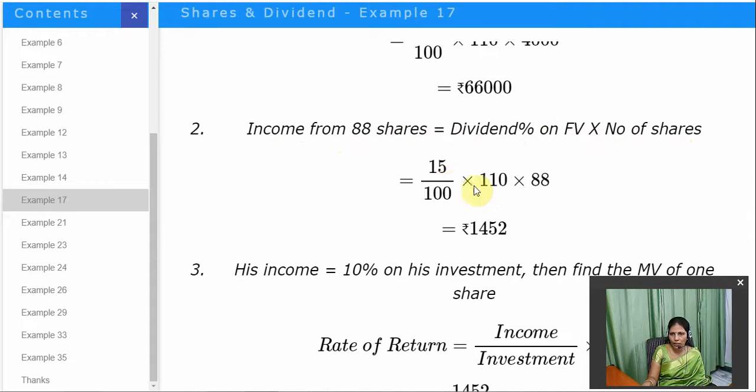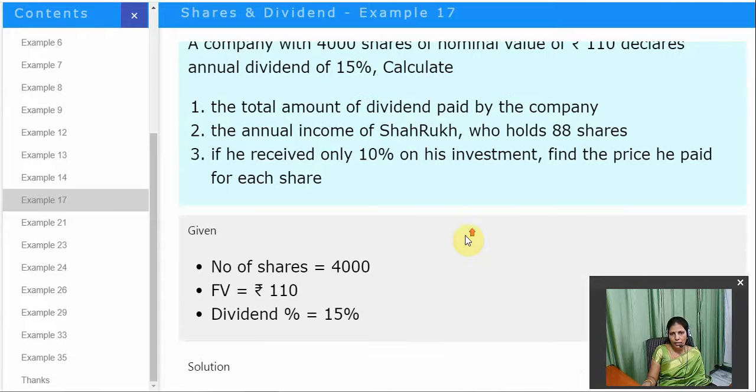The same formula. So substitute the dividend percentage, face value, number of shares is 88, calculate 1452. So this is the income he gets out of 88 shares. Clear?